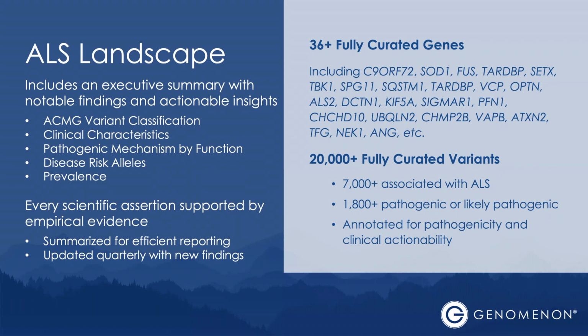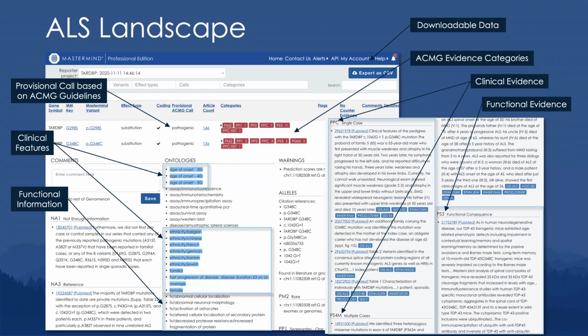So in a little bit more depth, I apologize for the busy slide, but this is a reflection of how exhaustively annotated each of these variants and their associated reference citations is articulated in the ALS Genomic Landscape. You can see the provisional call according to those ACMG criteria after review of every one of the single dozens, hundreds of articles that mention any one of these variants.